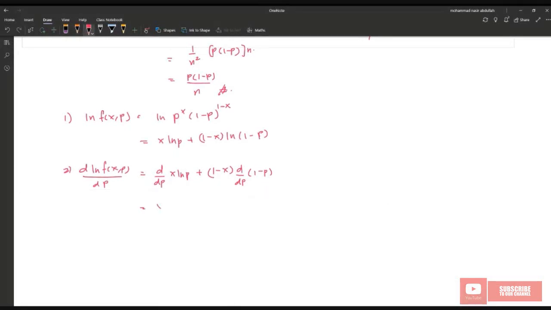So this one should be x divided by p plus 1 minus x, and this is going to be 1 over 1 minus p multiplied with -1. So this one should be x divided by p minus 1 minus x over 1 minus p. So this is the first derivative.